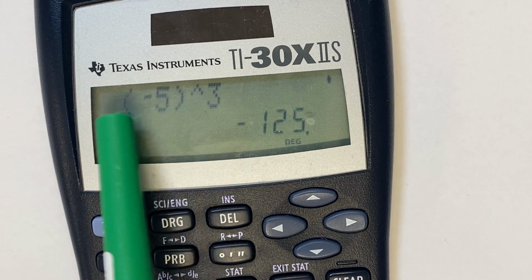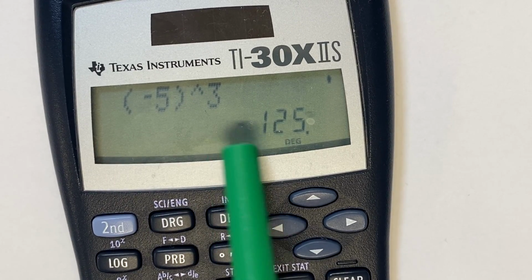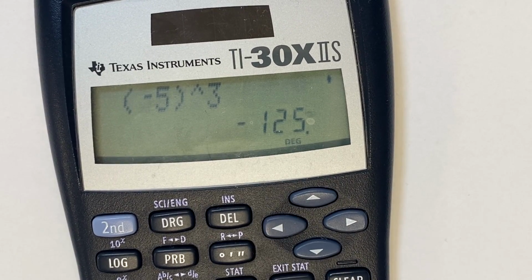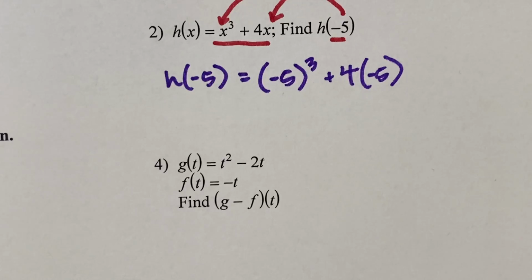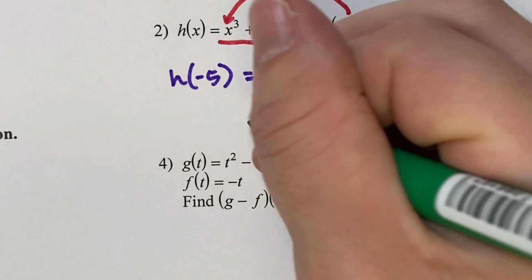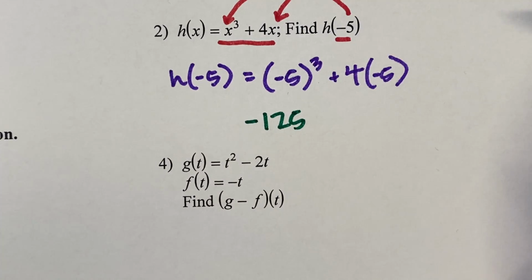If you did not include those parentheses, you would have gotten the same answer here, but still, include the parentheses. So we have negative 125 for that term.